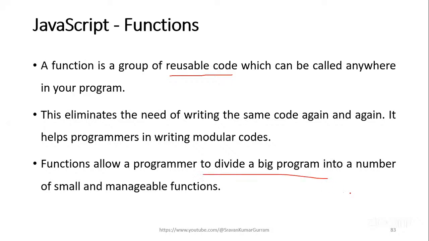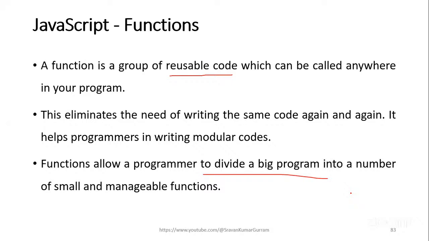And how to use these functions in real time? In real time, suppose you want to develop a major project, in the sense a lengthy project. Let us say that the application has 1,000 lines of code, 2,000 lines of code. If you write the complete 2,000 lines of code as a single function, as a single program, it is very difficult to develop as well as very difficult to debug.